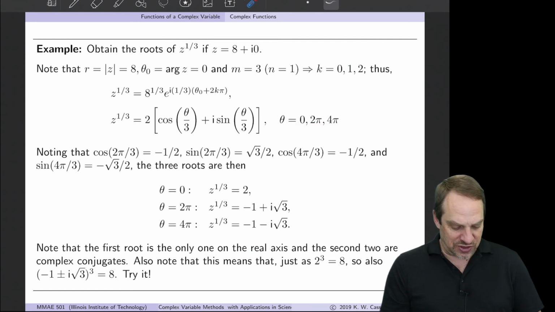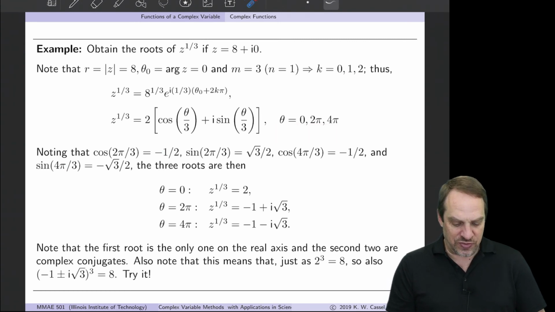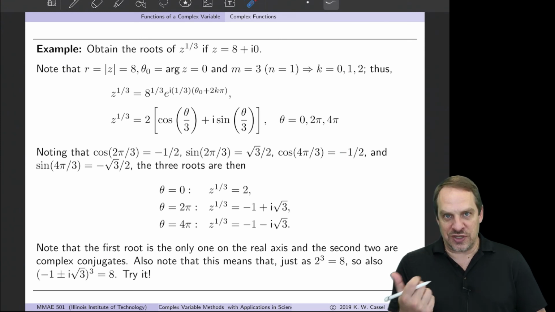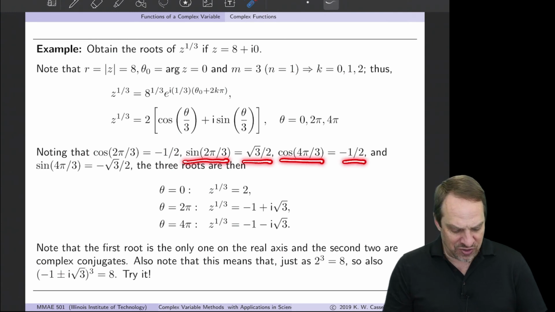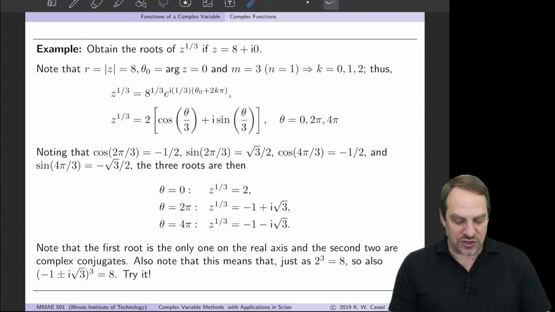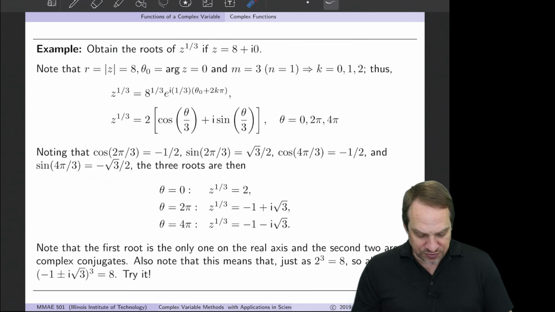So let's just remind ourselves of the necessary sines and cosines. Cosine of 2 pi over 3 is minus a half. Sine of 2 pi over 3 is root 3 over 2. Cosine 4 pi over 3 is minus a half. And sine of 4 pi over 3 is minus root 3 over 2.